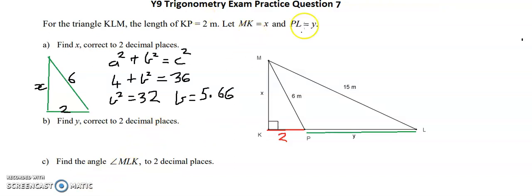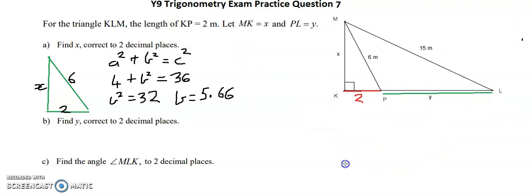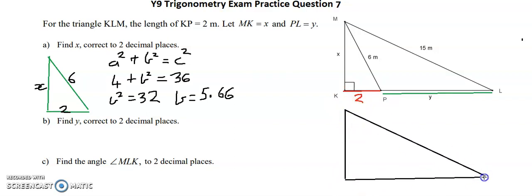So I'm going to look at the big triangle now, and so I'll make some space here. Now, the first thing I think about with my big triangle is I'm just going to look at from K to L. So that just means my height, my x, I've already worked out is 5.66.